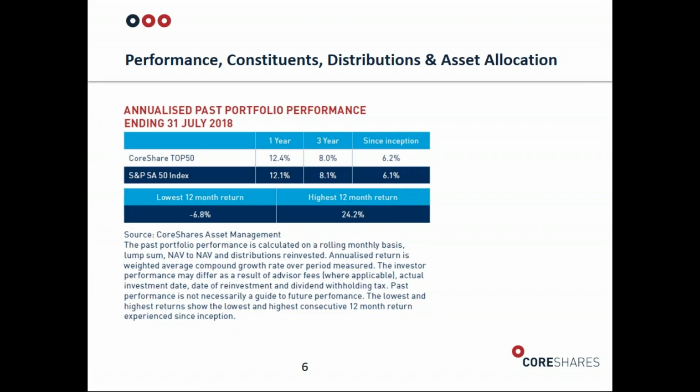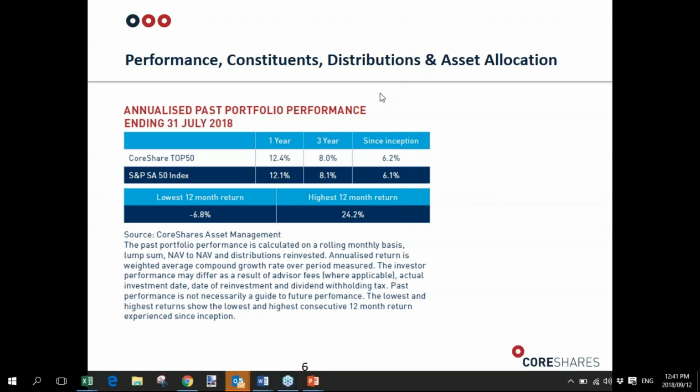What's probably most important for an investor, because we know past returns are not a good indicator of future returns, and this is an FSCA requirement, is that you show the lowest 12-month return of the fund or the ETF and the highest 12-month return. So you can get an idea of what kind of risk you are taking on as an investor. I think that is a good thing to look at.